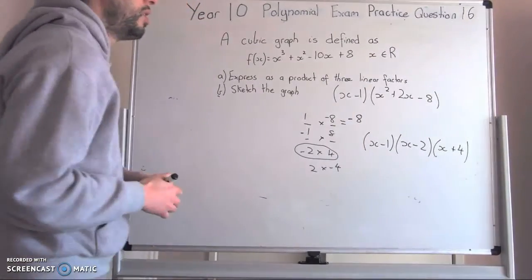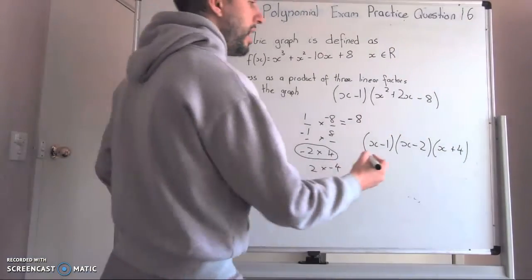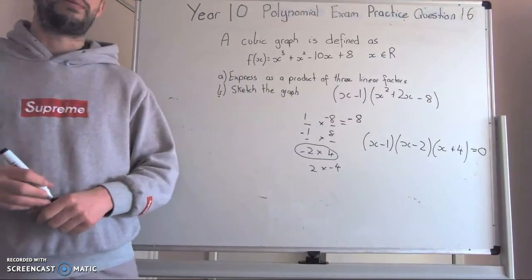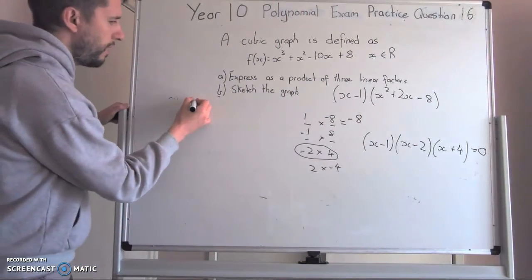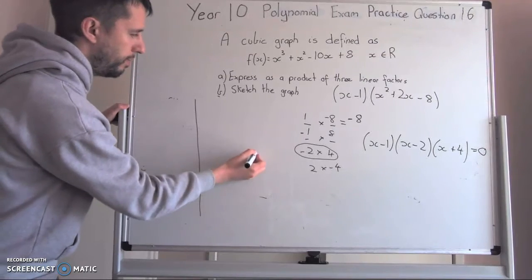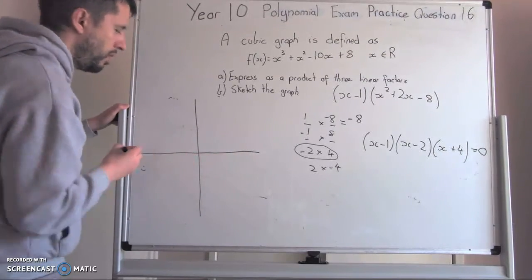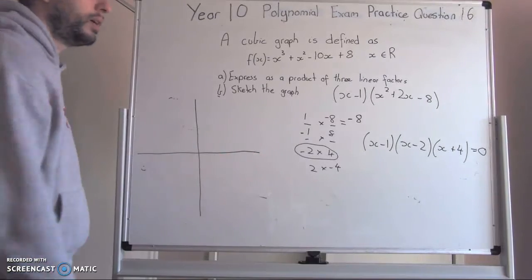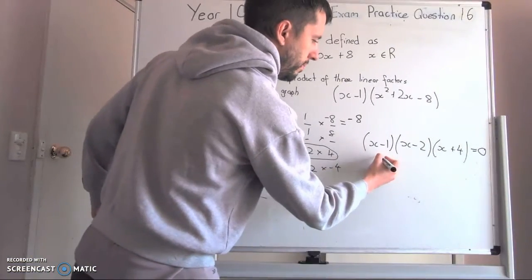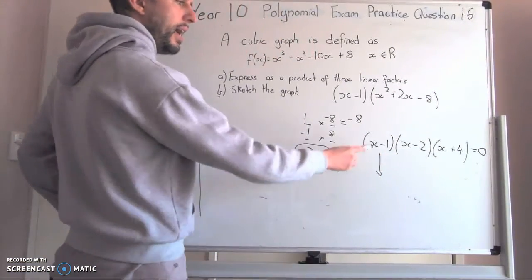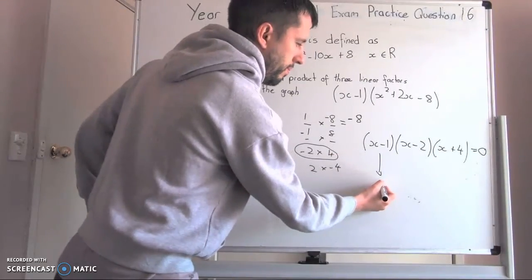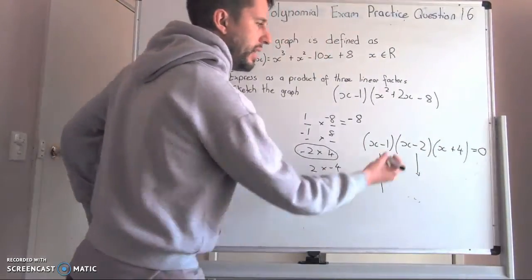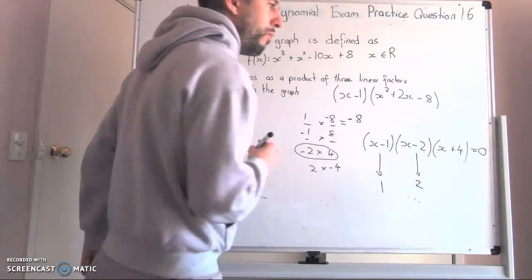Now, one thing we know is that if I equal this to 0, it's saying that my y's are 0. That means if I'm thinking about it in terms of a graph, if my y is 0, it's going to tell me my x-intercept. So to get this to be 0, I need x to be 1. To get this one to be 0, I need x to be 2, and then everything will be 0.